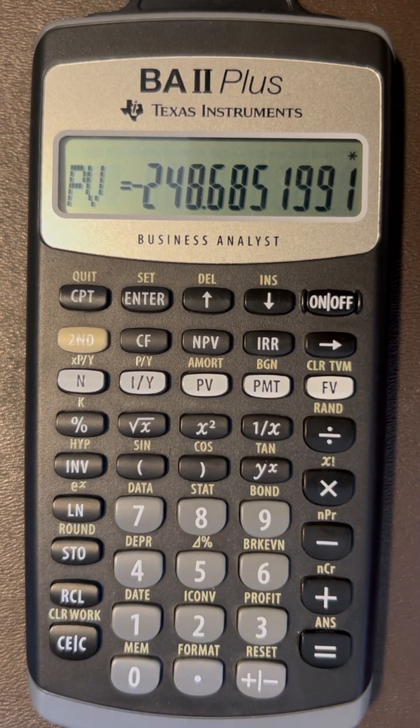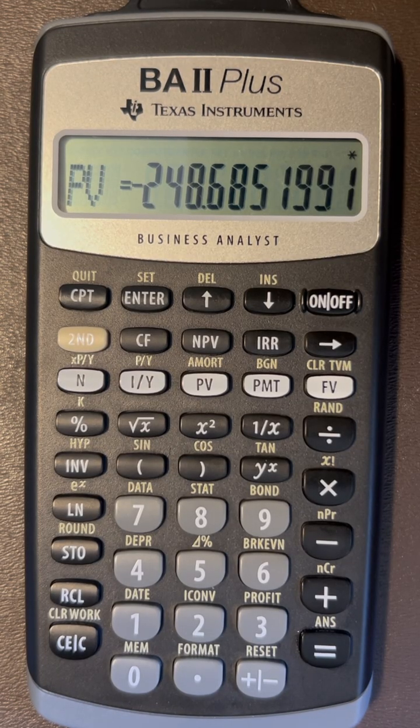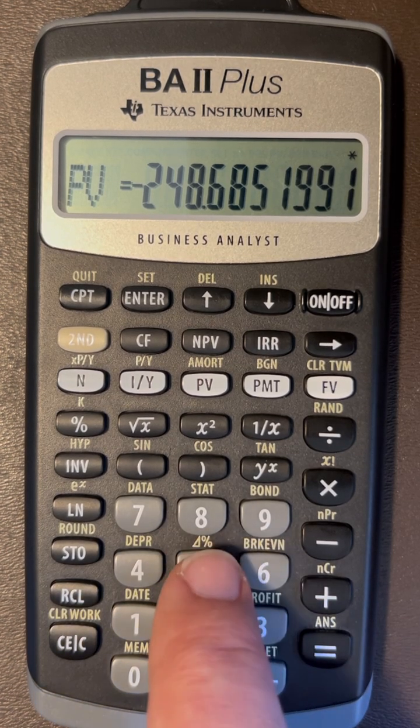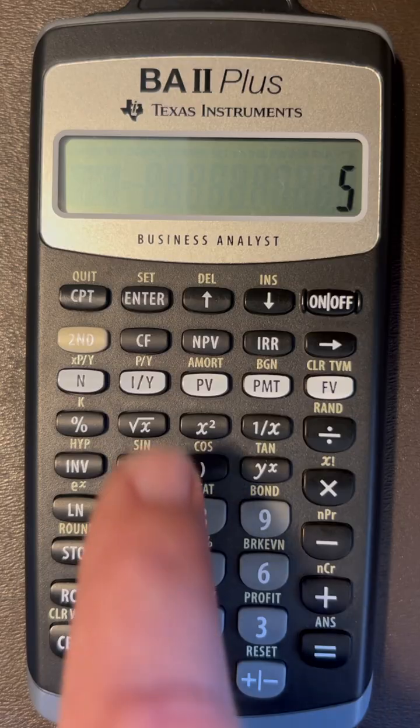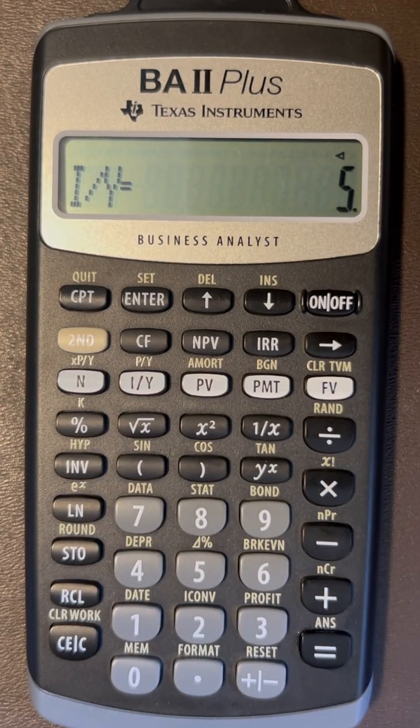The second part of this problem says, what if the interest rate's 5%? Okay, so I don't need to clear out the TVM registers. I already have the right N, I have the right payment. All I need to do is put the right interest rate, which is now 5, and hit I over Y. So I change the interest rate to 5. I still have N equals 3 in there. I still have payment equals 100 in there.